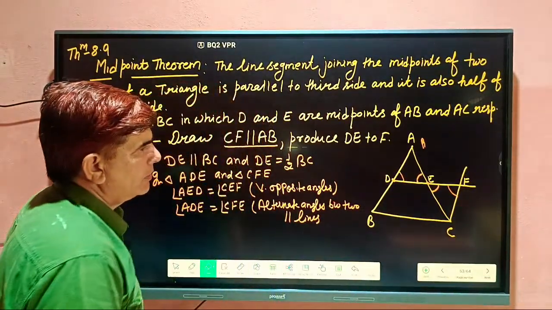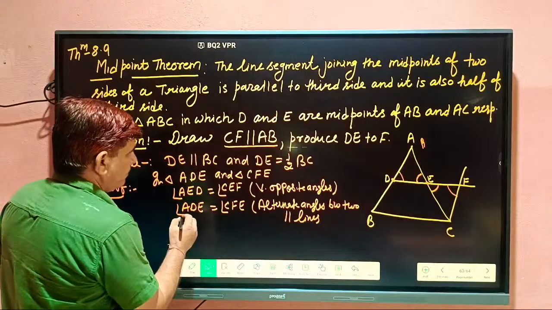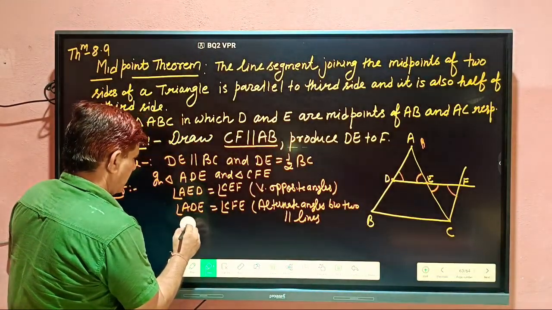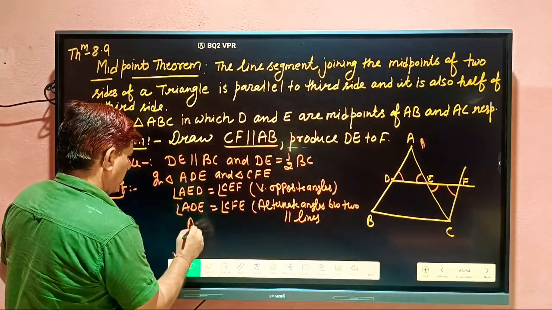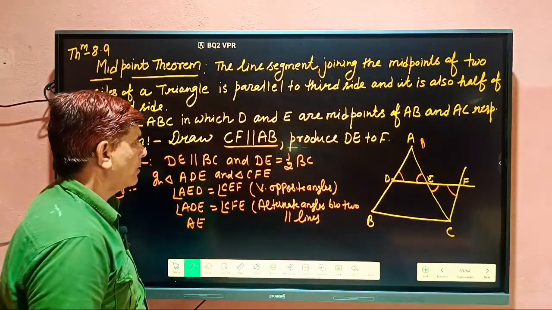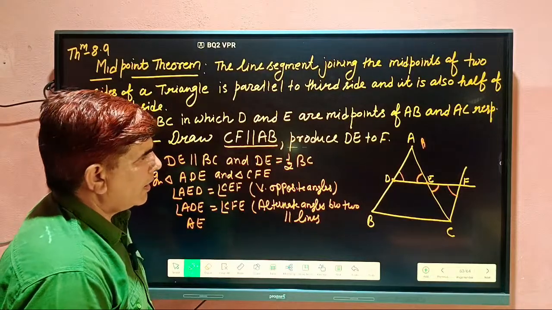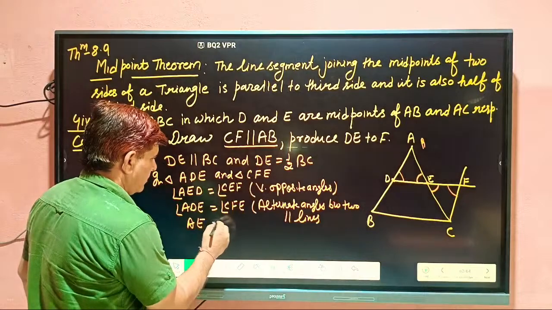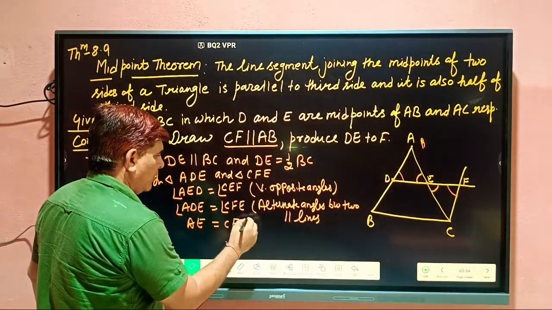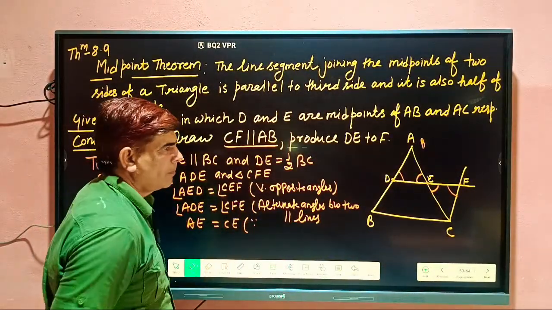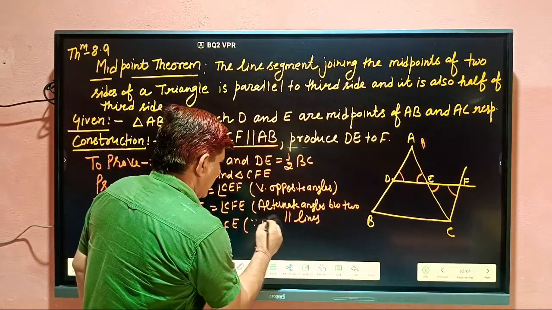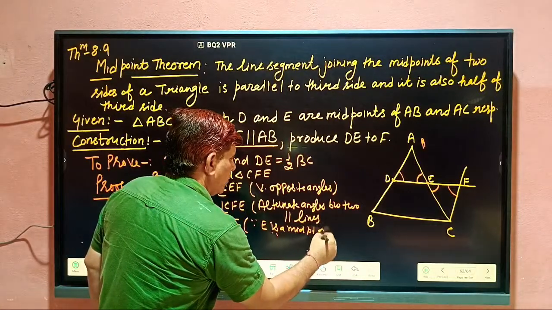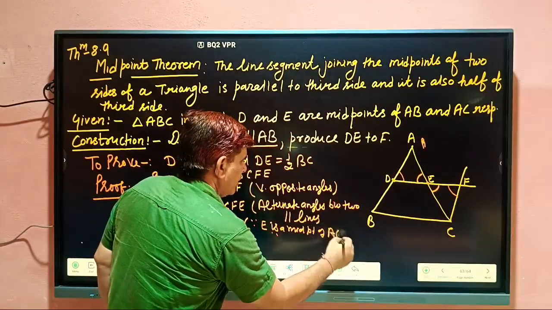Third point, AE equal to CE. Why? Because E is the midpoint of this.